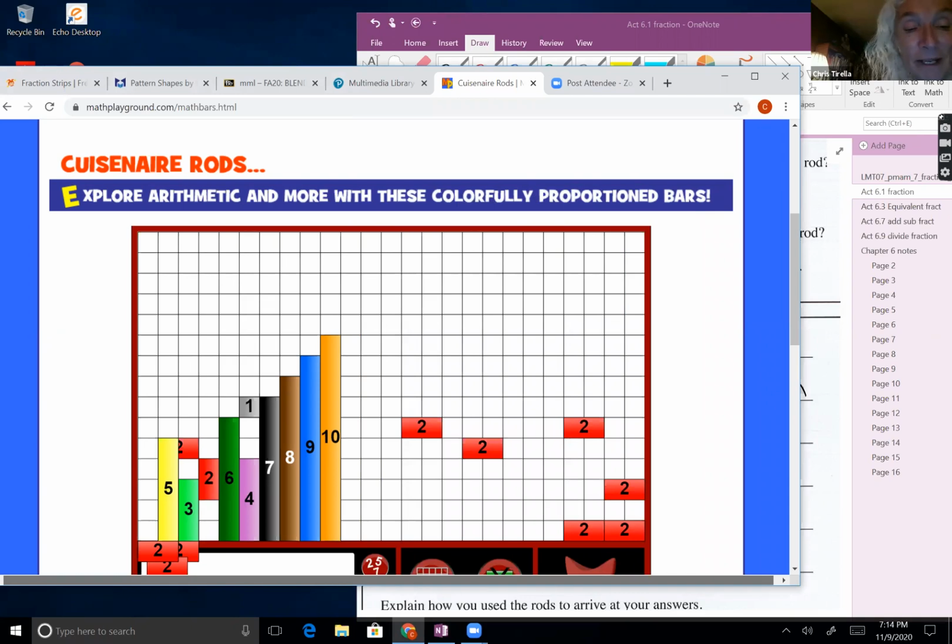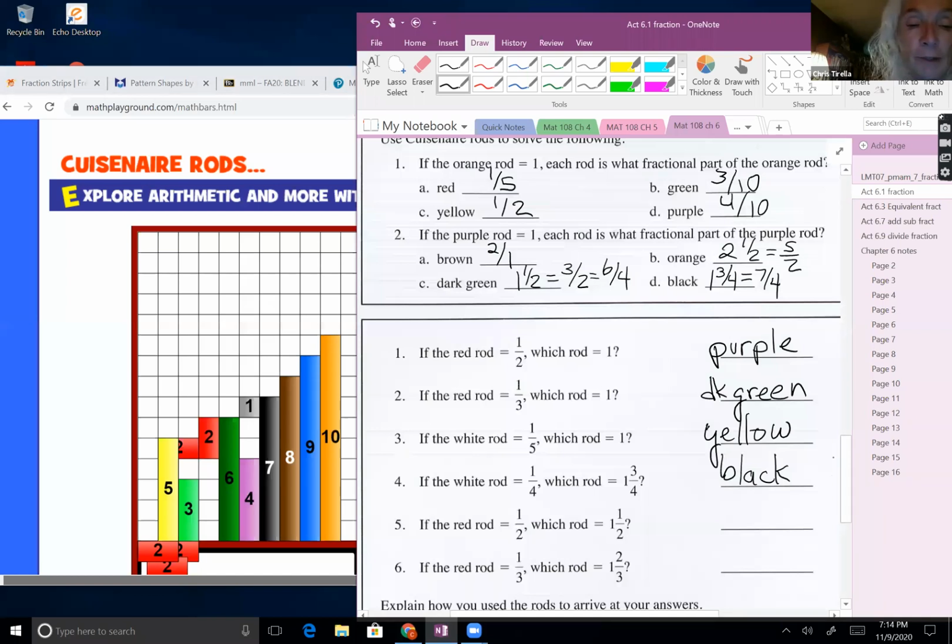Well, if the red is a half, 2 reds would be a whole. And then if I add another red, wouldn't that take me to the 6, which is the dark green? And then if the red is a third, well then, let's see, 3 reds would give me 6, which is a whole.